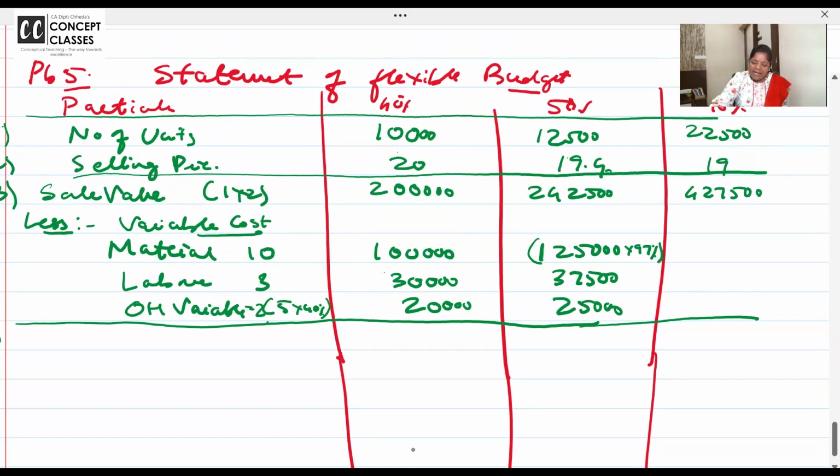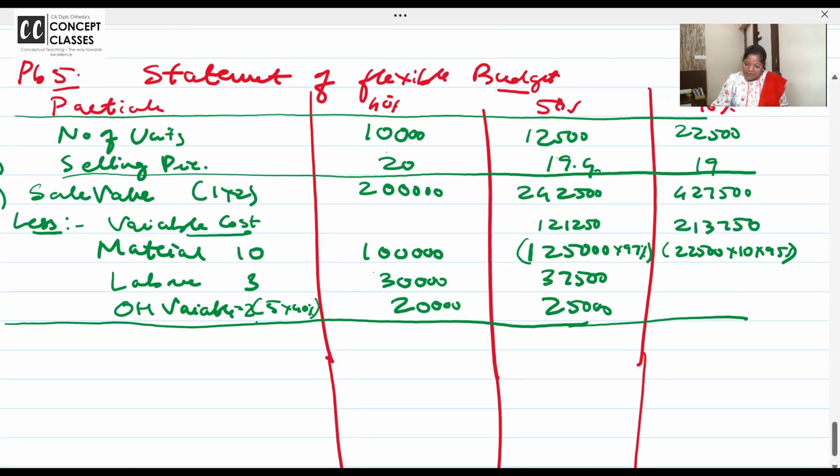Everyone is clear why 97% of 1,25,000? Because the price has changed. Same way here, 5%. 22,500 into 10 into 95%. Price is reduced, raw material. 22,500 into 10 into 95%, directly I am taking, because the price is reduced. You can write the working.